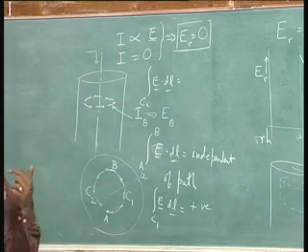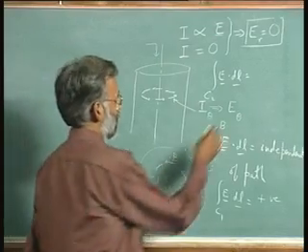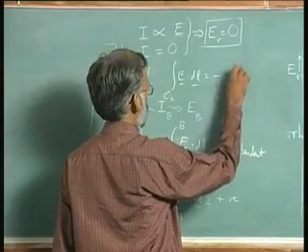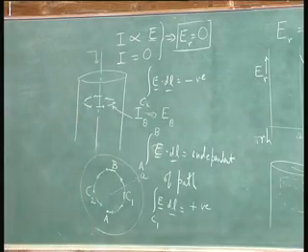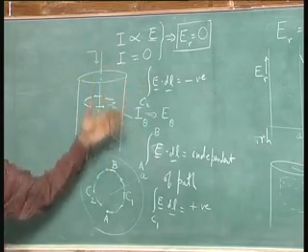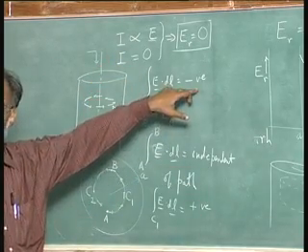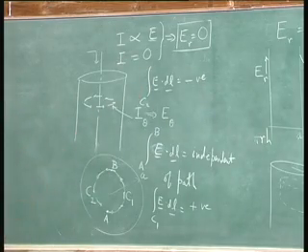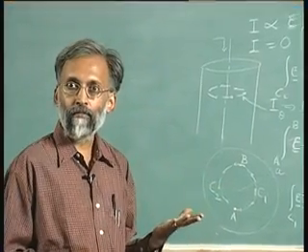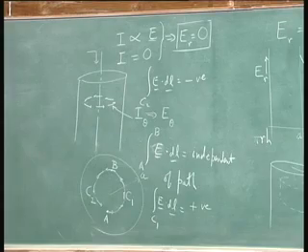So, E dot dl is exactly minus, so it is negative. But it is the same E dot dl, one way is positive, one way is negative. There is only one number which is equal to minus of itself, and that is 0.